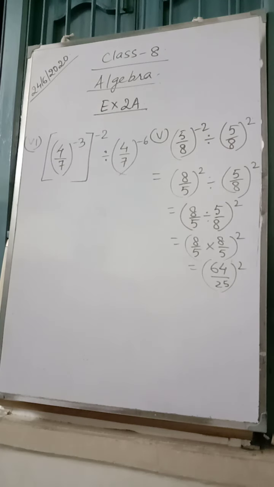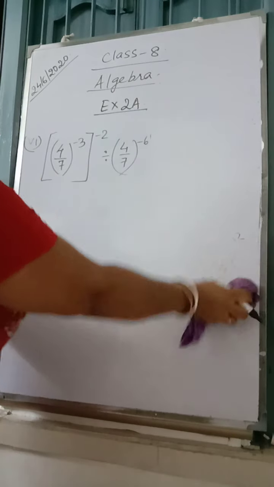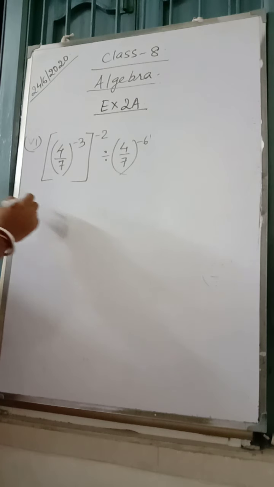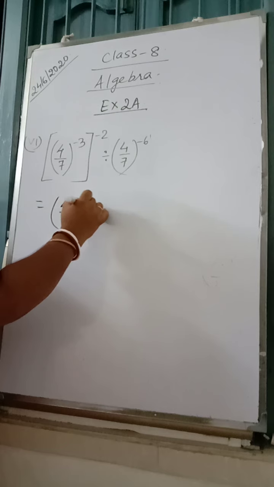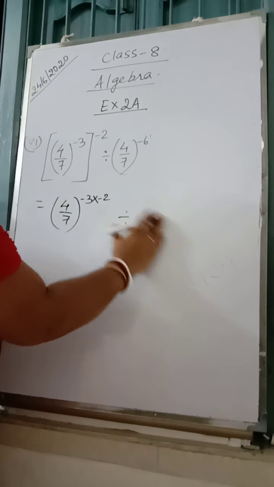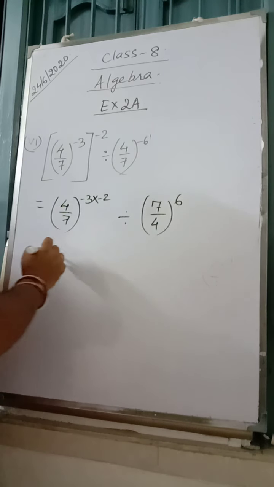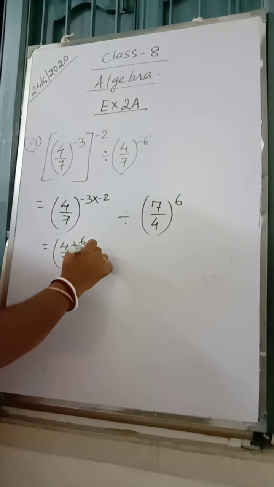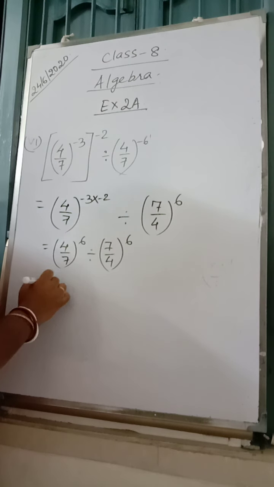Now what are we going to do? We are going to solve it. First of all, I have told you, if it is x to the power m to the power n, in this case what do we do? 4 by 7 to the power minus 3 into minus 2, divided by 7 by 4 to the power 6. We can write it, or it gives you 4 by 7 to the power 6 divided by 7 by 4 to the power 6.